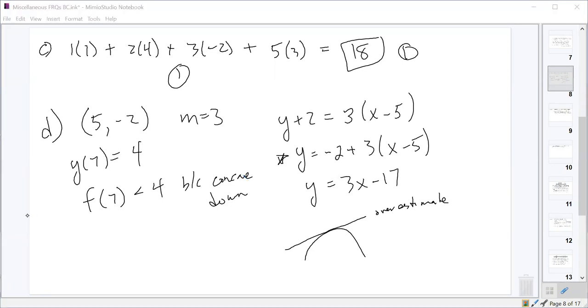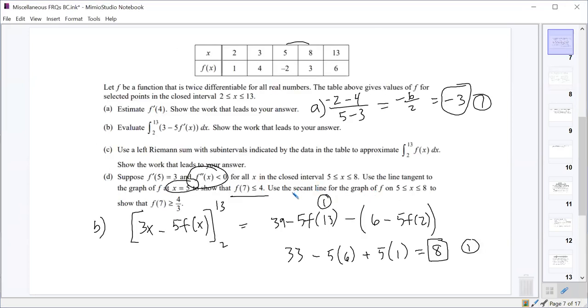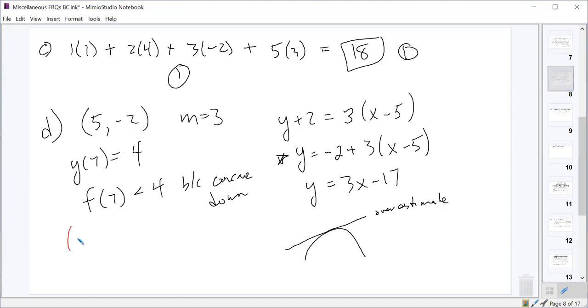And then the second part asks us to use the secant line from 5 to 8. So if we're going to use the secant line from 5 to 8, that means we need the point 5, negative 2, and we need the point 8, 3. Find the slope between those, 3 minus negative 2 over 8 minus 5, to be 5/3.